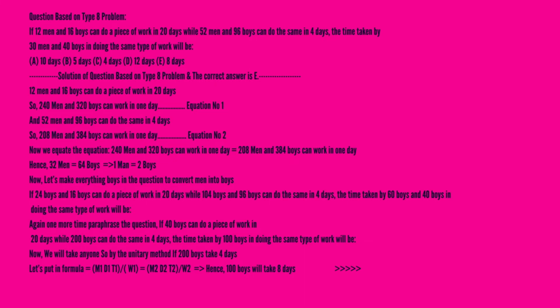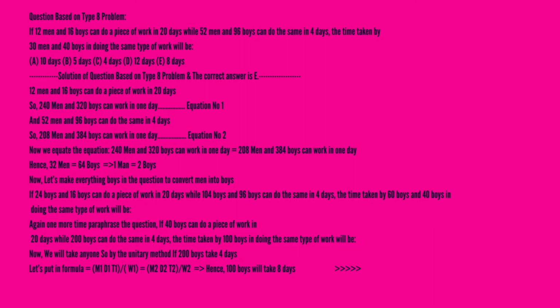So we can see that X men and Y boys can do the work in K days. So KX men and KY boys can finish the one day work. Definitely, as we need to find out the one day work, we'll multiply K with the number of men and the number of boys. So KX men and KY boys can finish the work in one day.